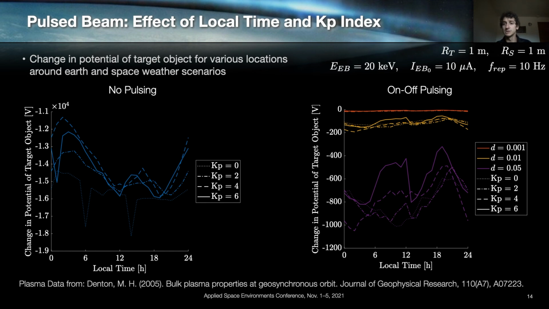But if you use on-off pulsing with a nominal beam current of 10 microamps, you can actually decrease that effect. So with a duty cycle of 0.1%, for example, you barely change the potential of the target object. And even with a duty cycle of 1%, we still change it only by a few hundred volts compared to several thousand volts with a continuous beam.